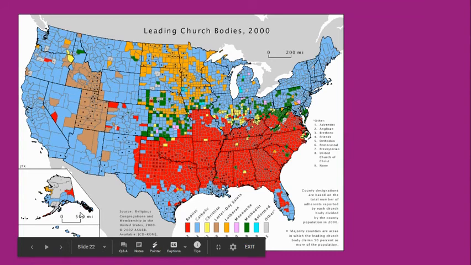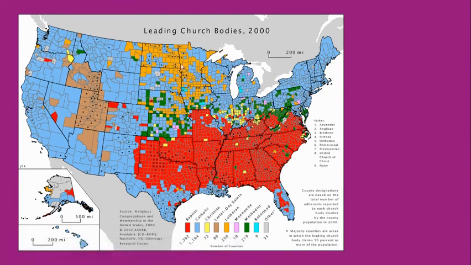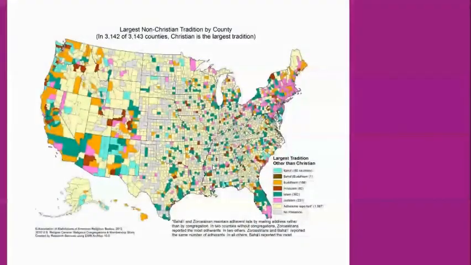But then this map also picks out, the dots represent the majority counties, areas in which the leading church body claims 50% or more. So this one shows us some different information. So in those areas that have dots, that means that leading church body is over 50%, and so forth. So it just shows different details.